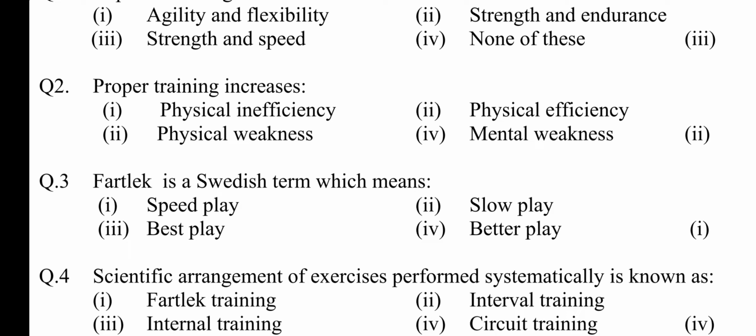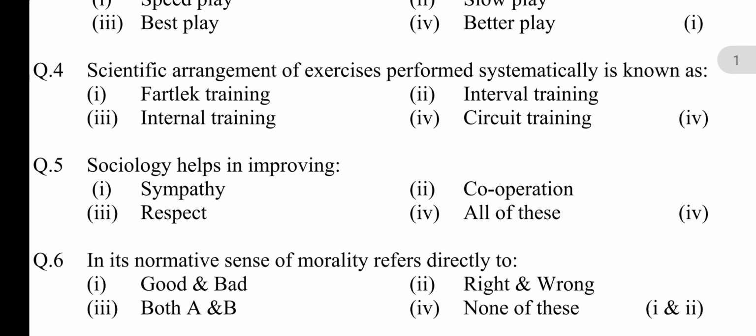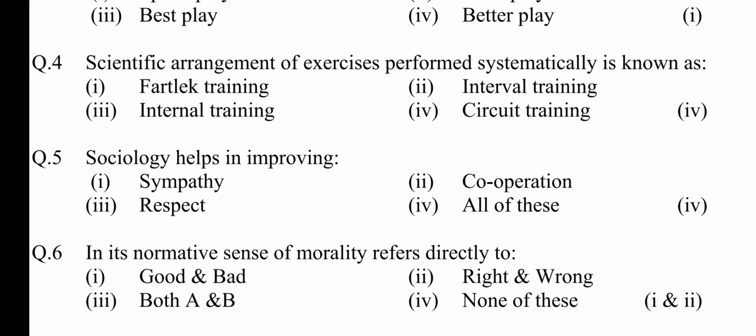Question number 3. Fartlek is a Swedish term which means option first, speed play. Second, slow play. Third, west play. Fourth, wetter play. Answer is option first, speed play. Question number 4. Scientific arrangements of exercises performed systematically is known as option first, Fartlek training.